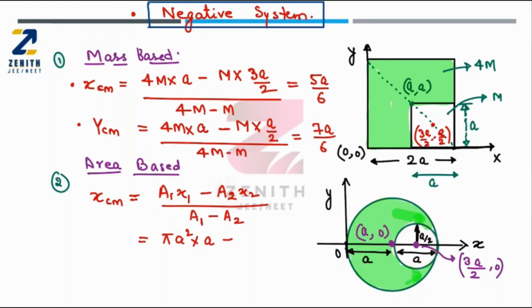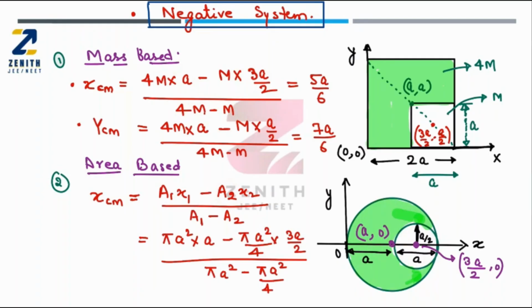The smallest area is pi, with r as a by 2, that means pi a square by 4. What is the x2 value? This distance is a by 2, so a plus a by 2 is 3a by 2. What is a1 minus a2? Pi a square minus pi a square by 4. Once you solve, you will get the value; let me solve in the next slide.